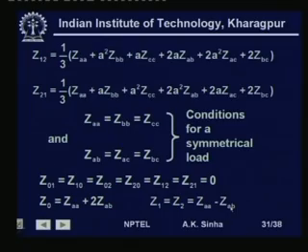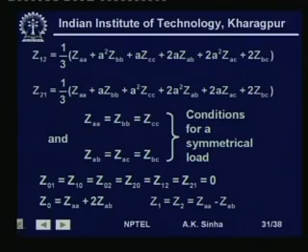So, this is what happens in case we have the symmetrical network, then the 3 networks become uncoupled. If the network is unbalanced, then this decoupling does not take place and mutual terms will be available, which means that the 3 sequence networks will be connected with each other.